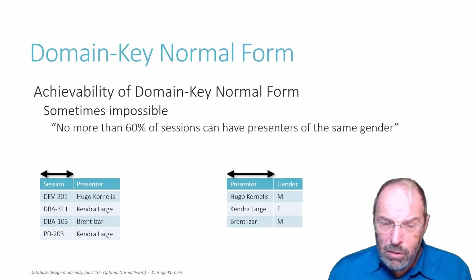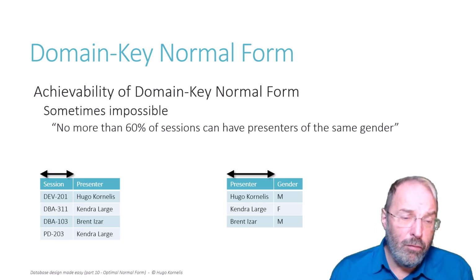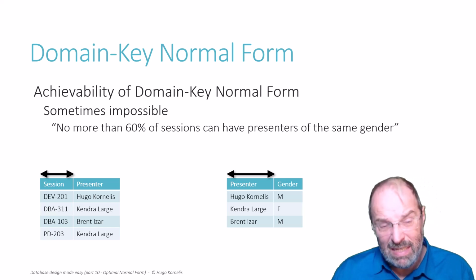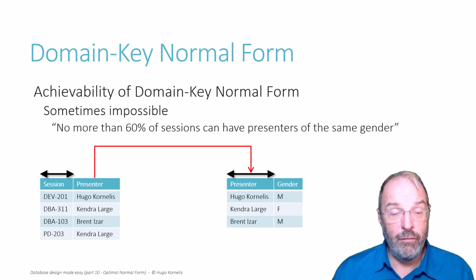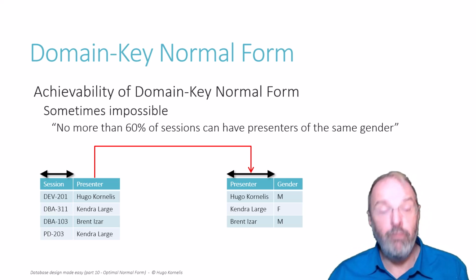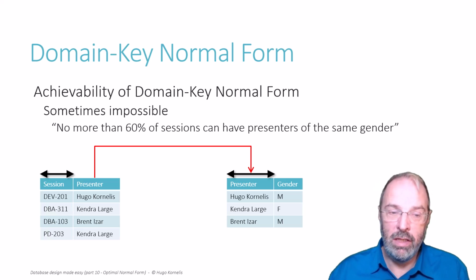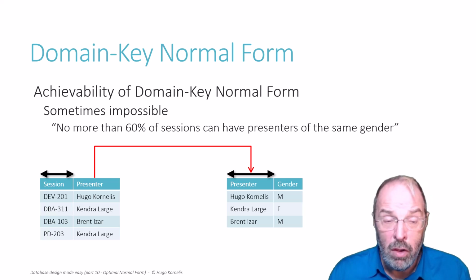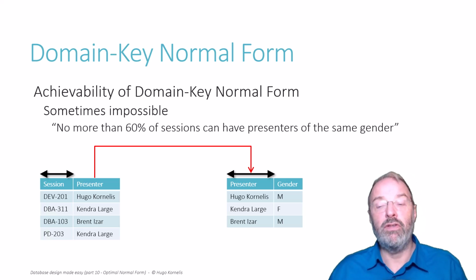Now, when you do this, then of course the presenters need to be existing presenters, so you also have a foreign key constraint that enforces that. At this point, a lot of the business rules are enforced, but not yet this specific rule of no more than 60% of the sessions can have presenters of the same gender.